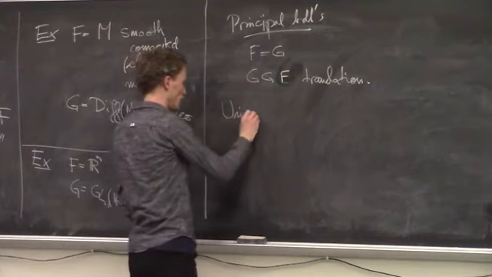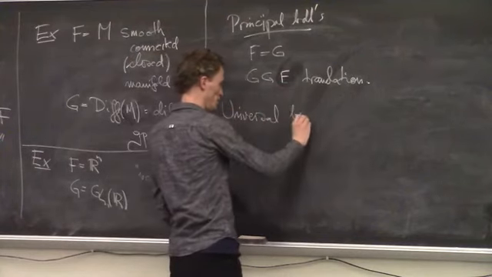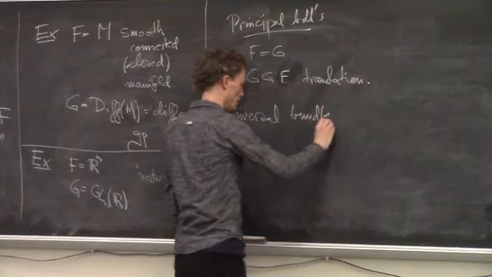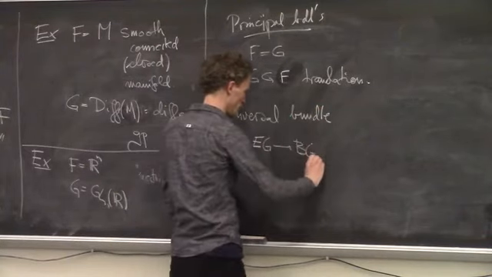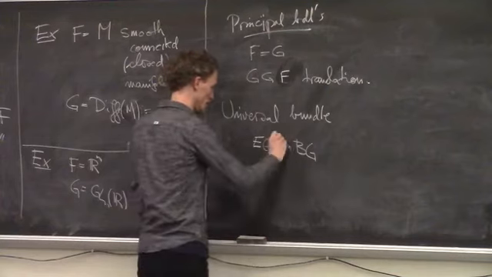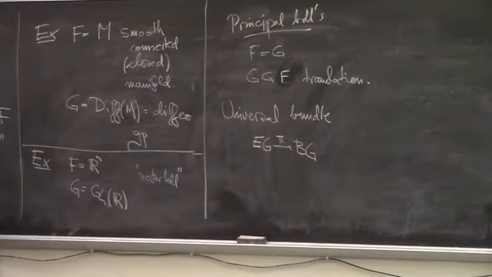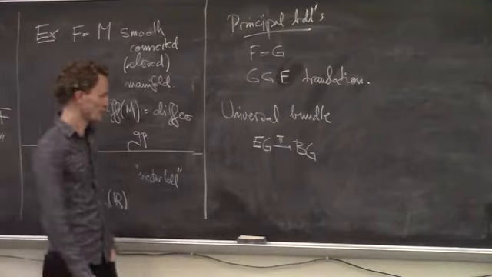And the universal bundle should denote EG over BG, for group G. It's a principal bundle where the total space is contractible.